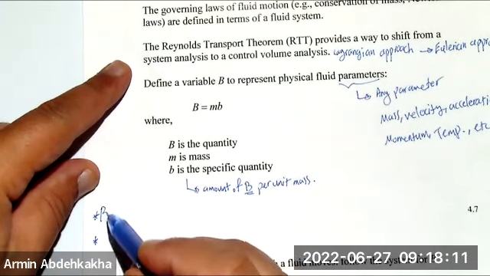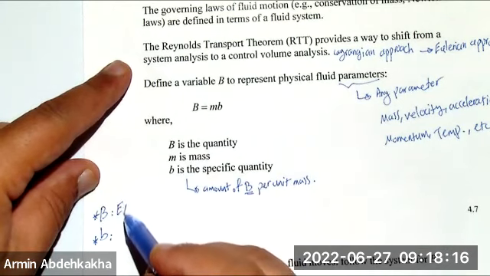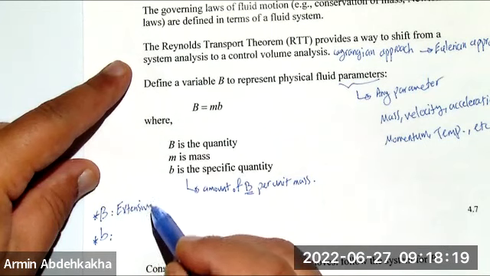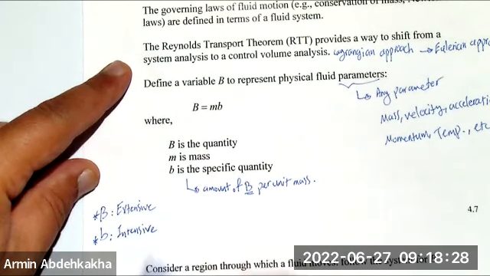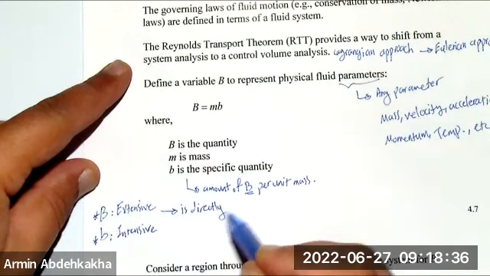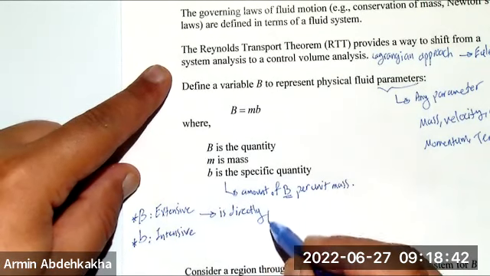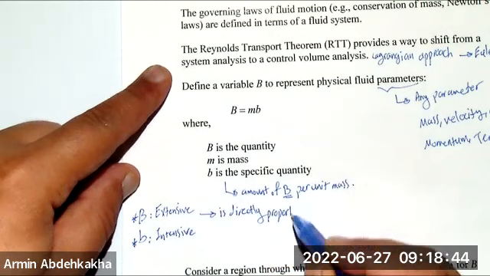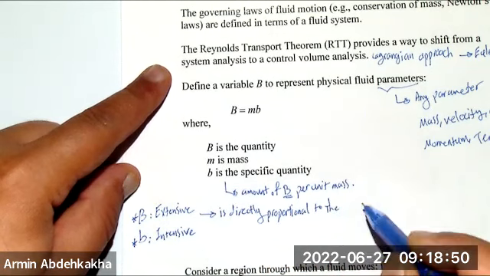Okay, so that's how we can define two types of parameters or characteristics in a fluid. One is capital B and the other is lowercase b. The capital letter B is the extensive parameter, and lowercase b is the intensive property or parameter. The extensive parameter is directly proportional to the amount of mass.